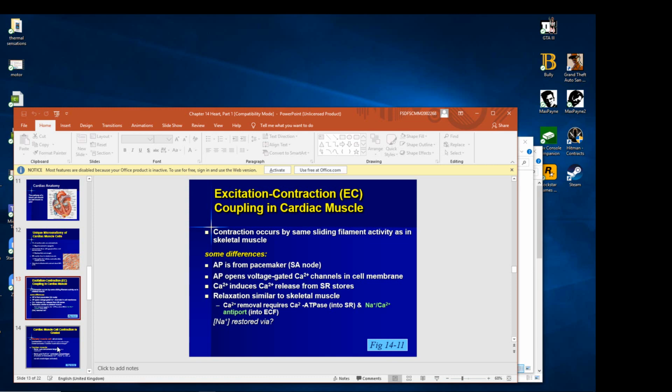The calcium induces calcium release from sarcoplasmic reticulum stores, and the relaxation is quite similar to skeletal muscle. Now calcium removal requires calcium ATPase into the sarcoplasmic reticulum and sodium calcium antiport into the extracellular fluid.